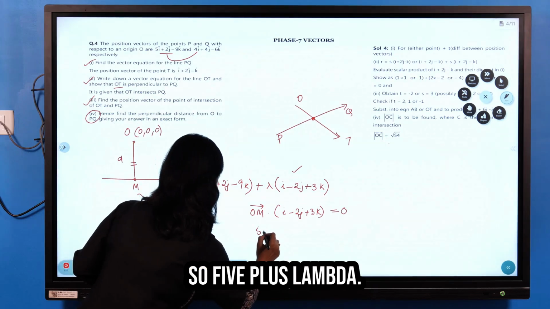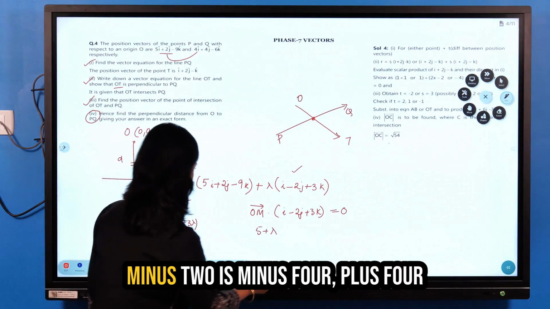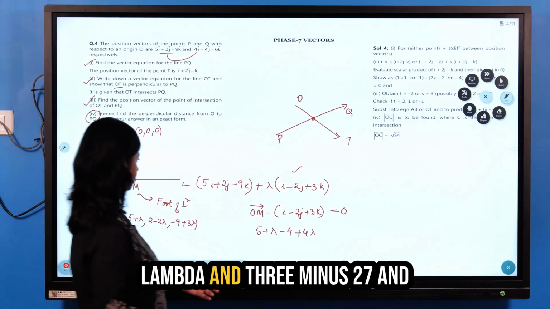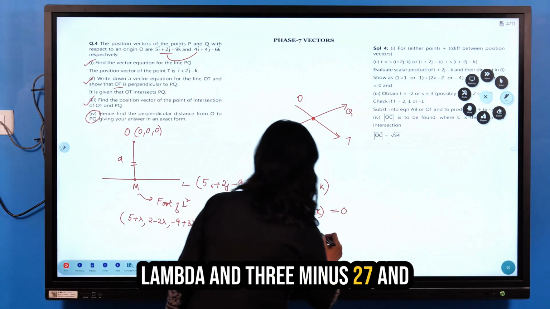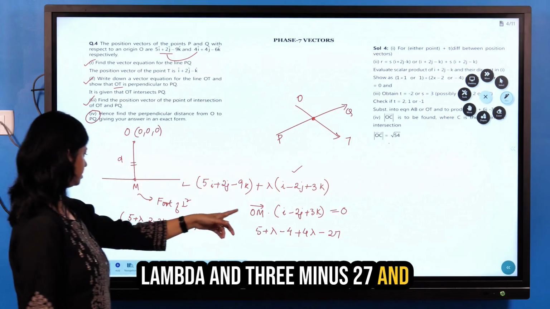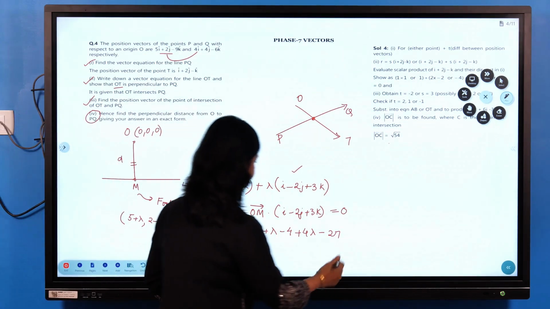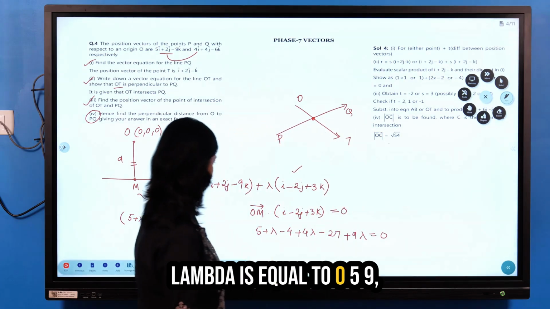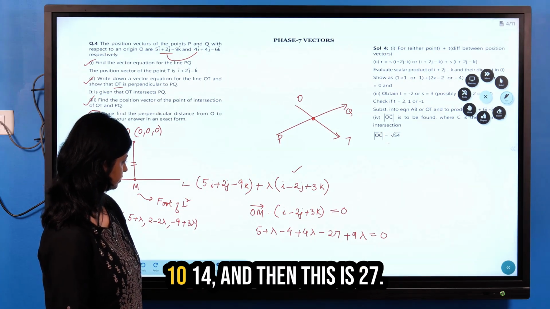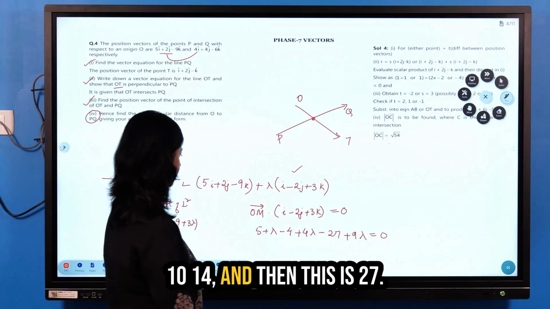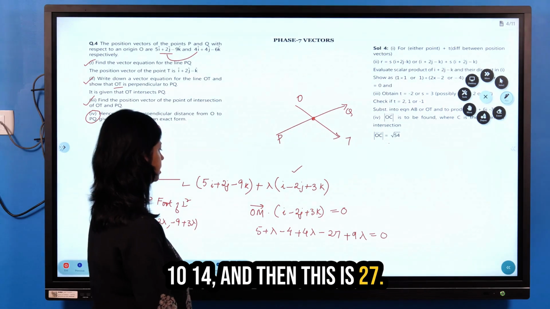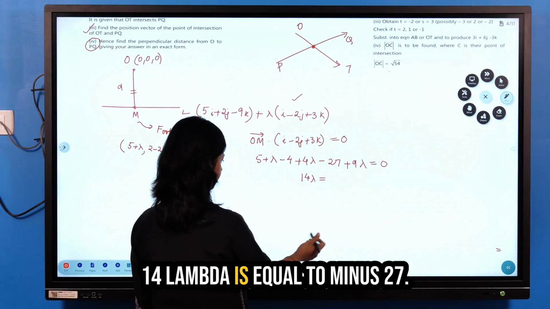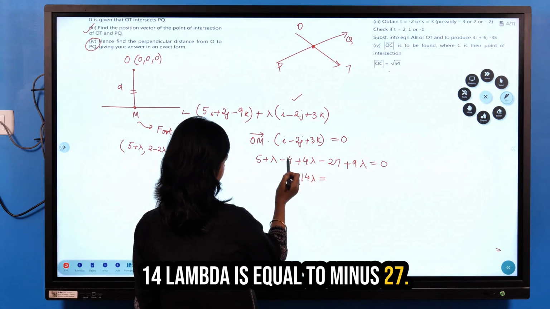So 5 plus lambda, minus 2 is minus 4 plus 4 lambda, and 3 times minus 27 plus 9 lambda is equal to 0. 5, 9, 10, 14, and then 27, 28. So 14 lambda is equal to minus 27.